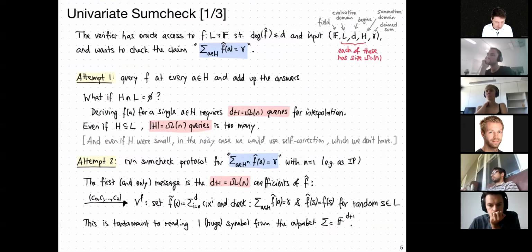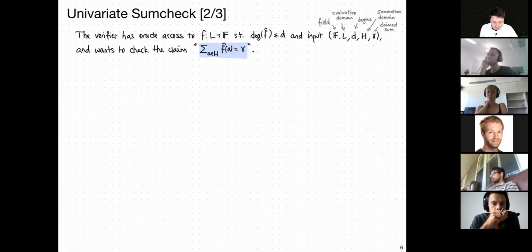Okay, so if there's no question, let's go towards constructing univariate sum check. So we need some new ideas. We're going to solve the problem in two steps.